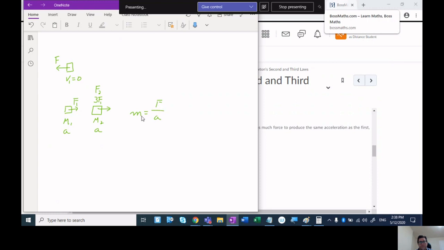And A could be A1 and A2, but A1 and A2 would be equal to A, and they're all equal. So that's why I don't write that. But the masses are different and the forces are different. And you can make a small example like this.